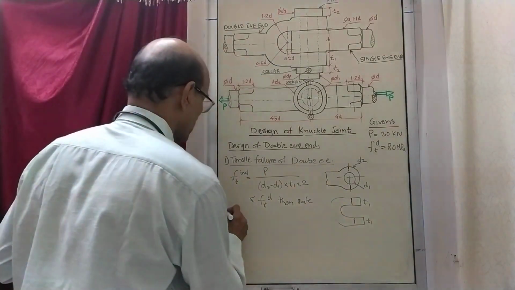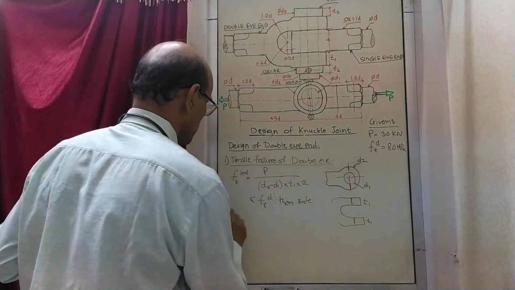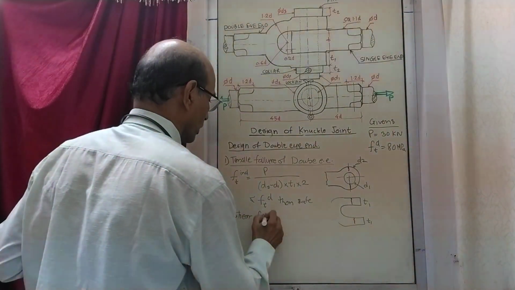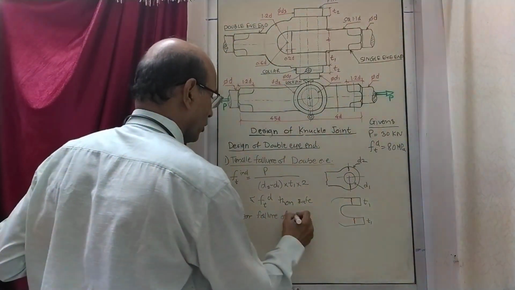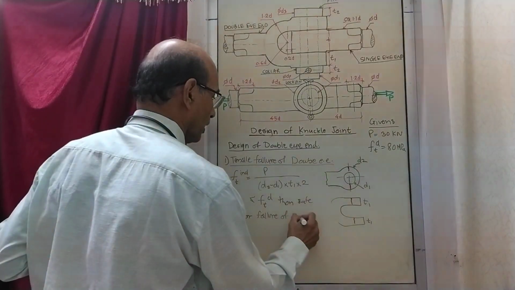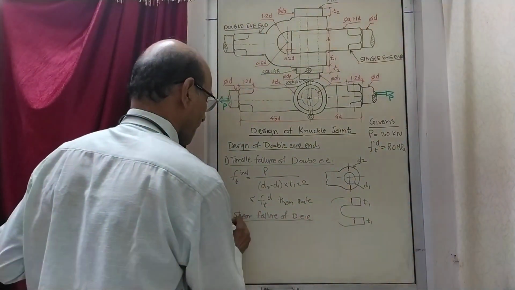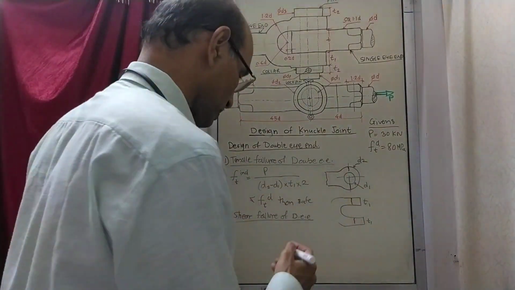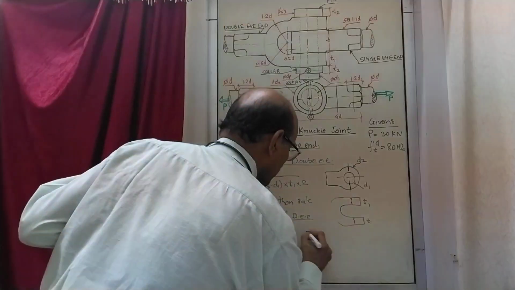Now let's go to the next, that is the shear failure of the double eye end. Shear failure of the same end, double eye end. Now what will happen is, the sketch comes something like this.